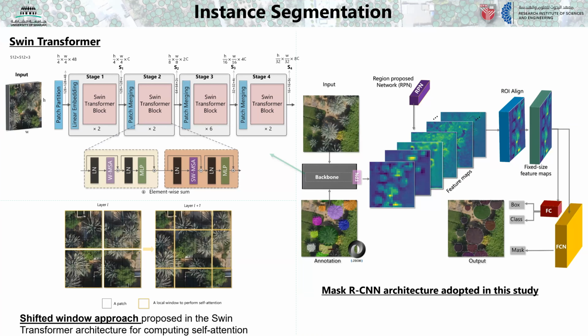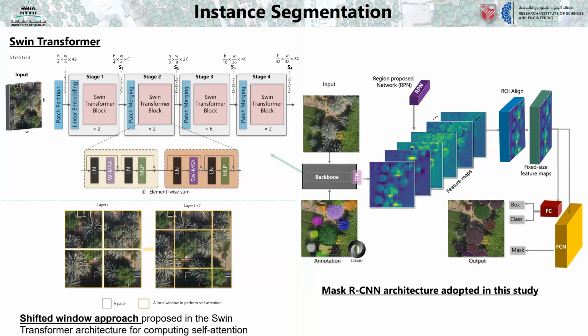These are the feature maps extracted by the Swin Transformer, and the RPN is used to propose bounding boxes and so on. Then it goes through ROI Align, and ultimately it goes to fully connected layers and fully convolutional layers to produce the bounding box as well as the segmentation mask.